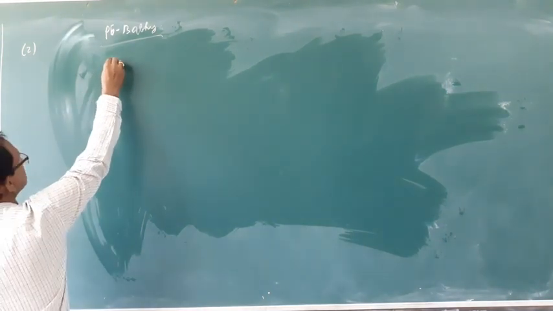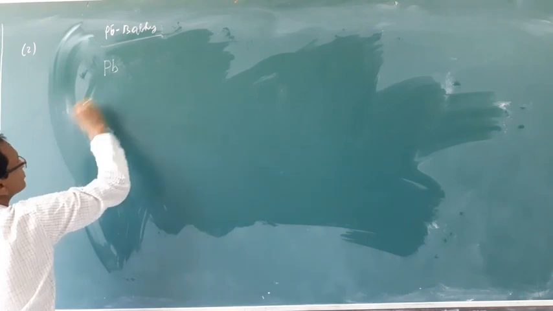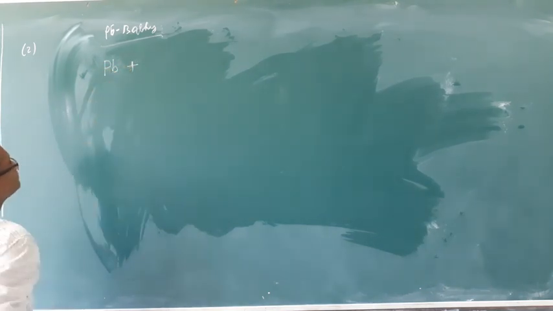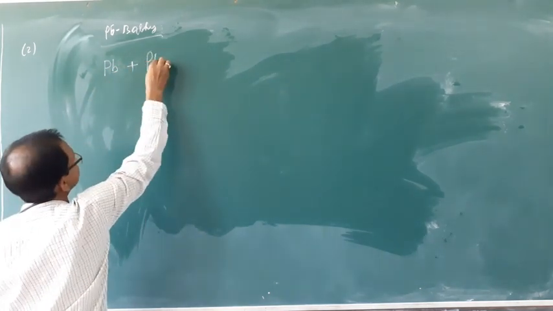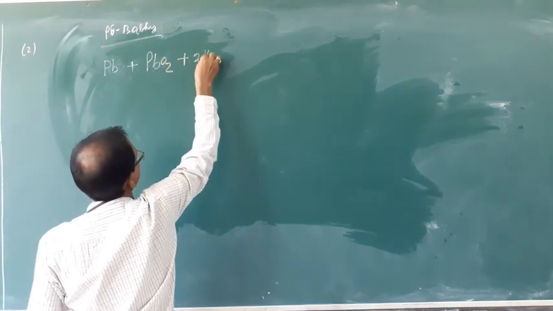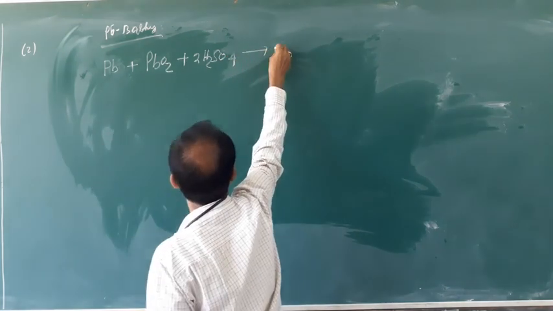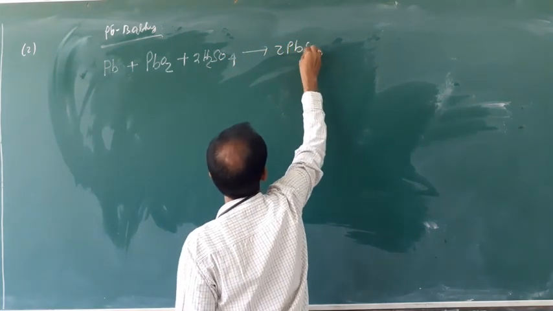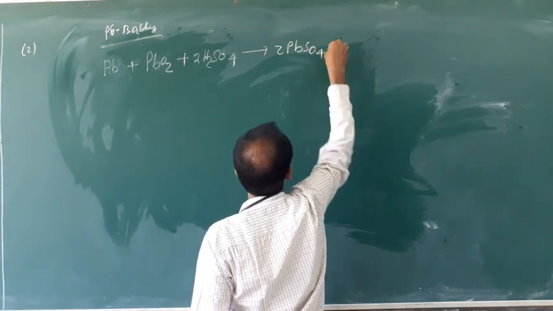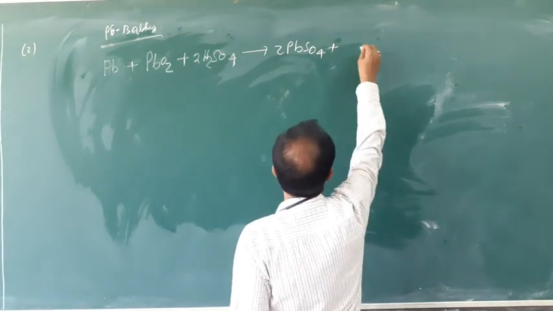In lead battery, the reaction is like this: Pb plus PbO2 in presence of 2 sulfuric acid forming 2 PbSO4 plus 2 water.